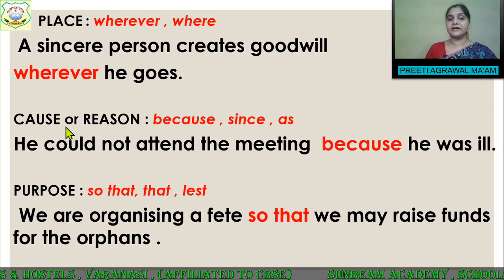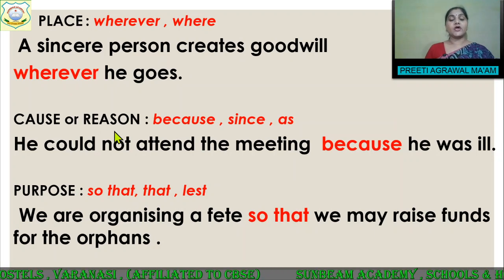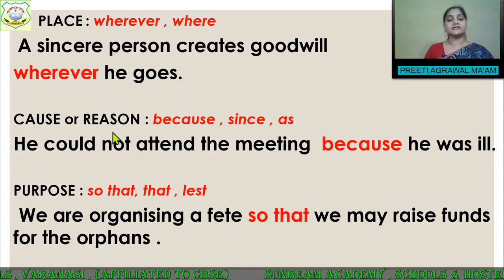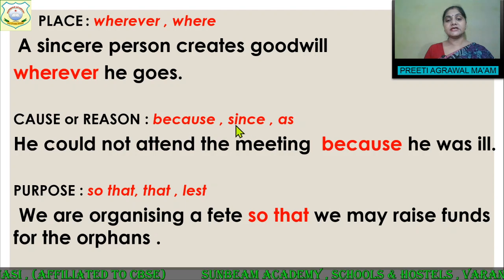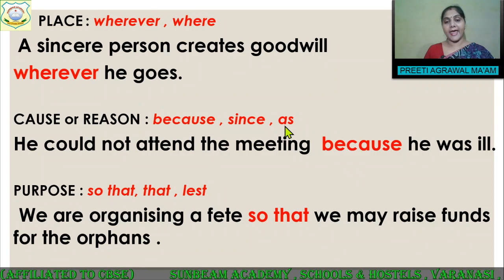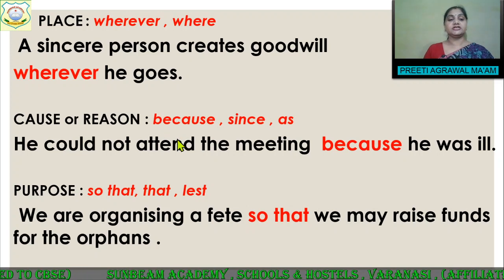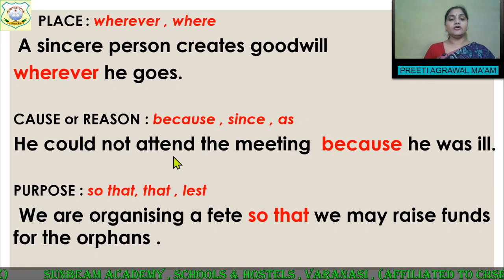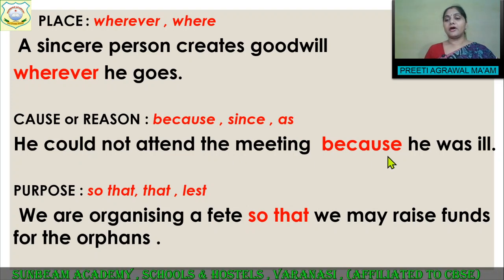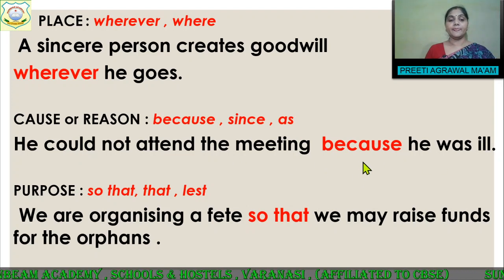See the next one, cause or reason. Whenever in a subordinating conjunction you have to express the cause or the reason, your conjunction can be because, since, or as. These all tell about the cause or the reason. He could not attend the meeting because he was ill.